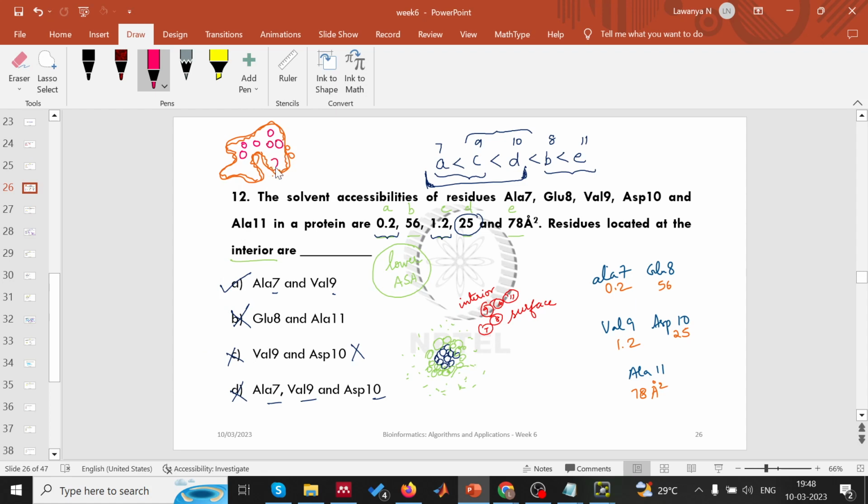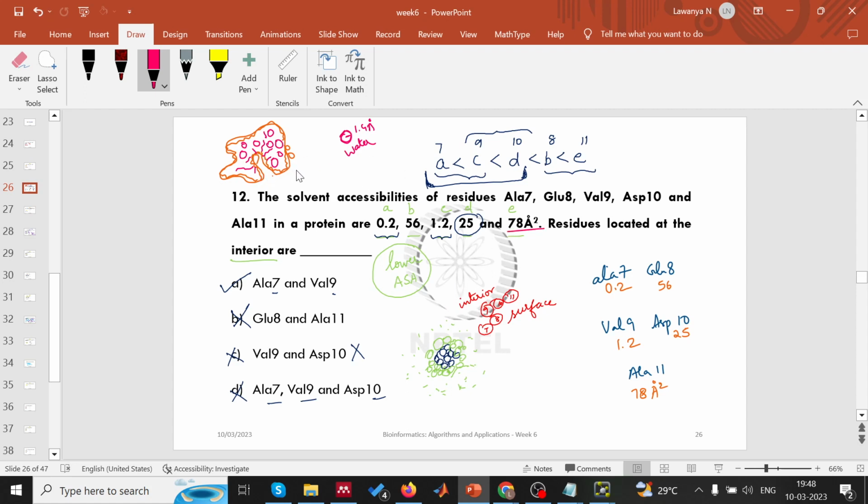It is not going to be absolutely excluded from the solvent, but there will be a very minor crack or crevice surface for the solvent to go. And now you're talking about a probe of, if you're assuming water, 1.4 angstrom, to go and roll over this protein surface and tell you how much area is accessible.